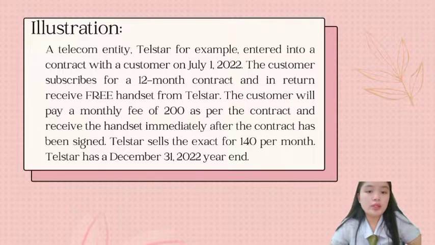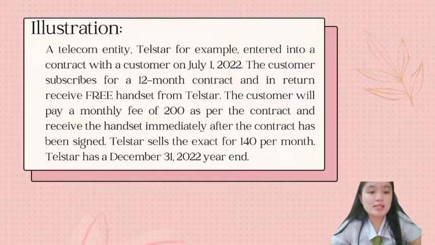Step 2, we need to identify the performance obligation. Now, what is a performance obligation? Remember that this is a promise by the entity to provide distinct goods or services to our customers. In this illustrative, our performance obligation will be the handset and 12-month subscription plan.